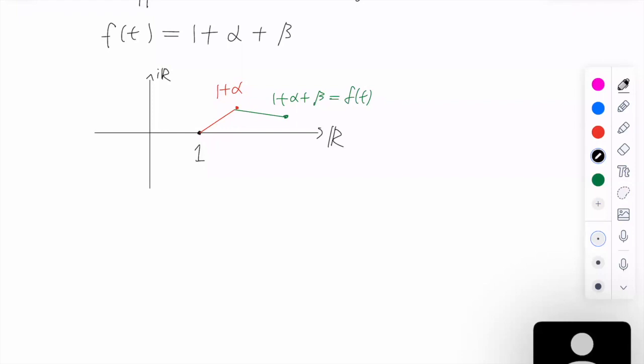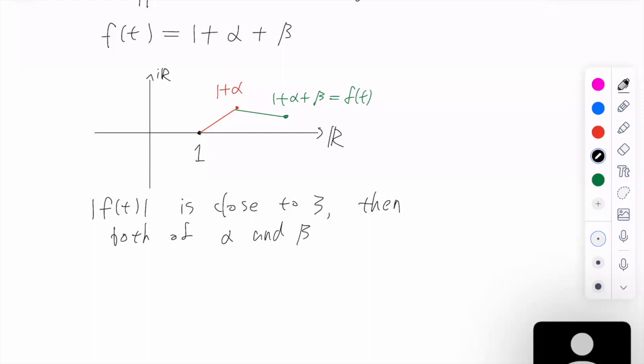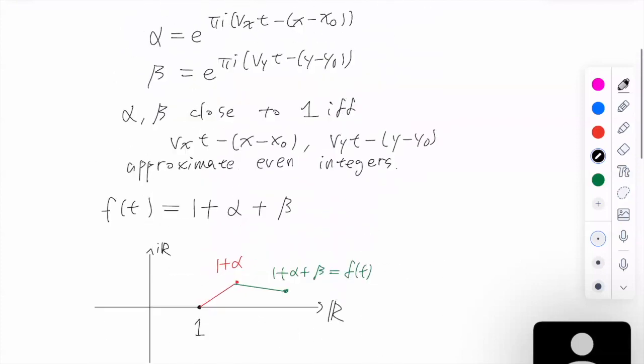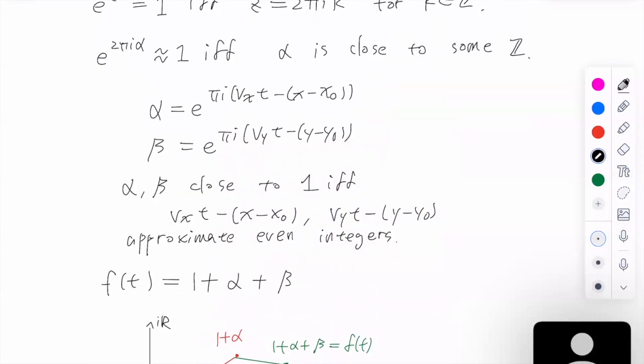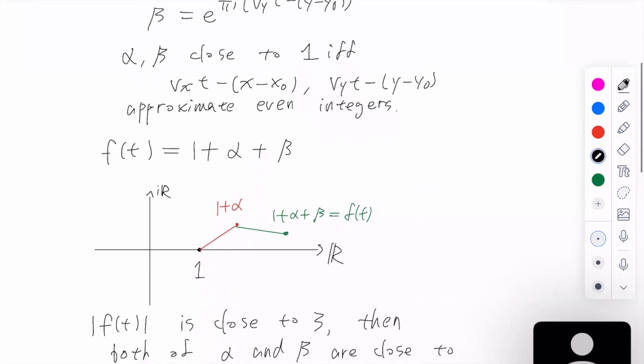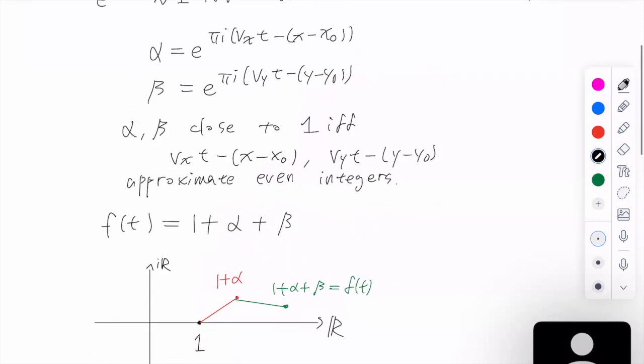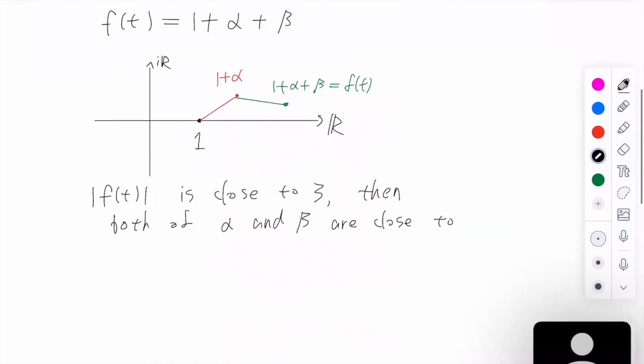From the geometric argument, we can also see that if the modulus of f of t is close to 3, then both alpha and beta are close to 1. And due to our previous analysis on the impact of alpha and beta being close to 1, we know that if we can make them sufficiently close, we can prove this approximation theorem.